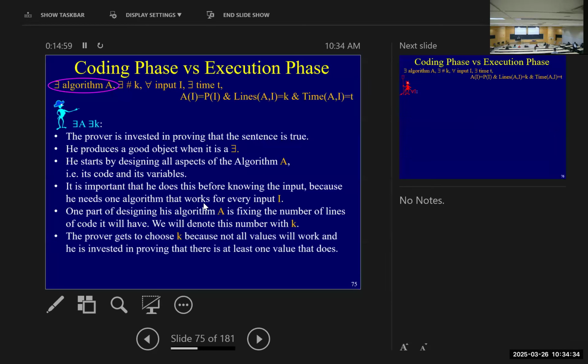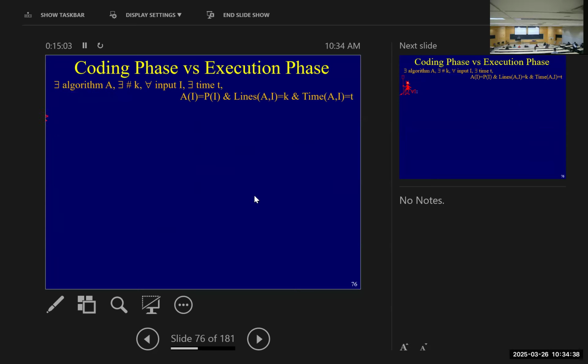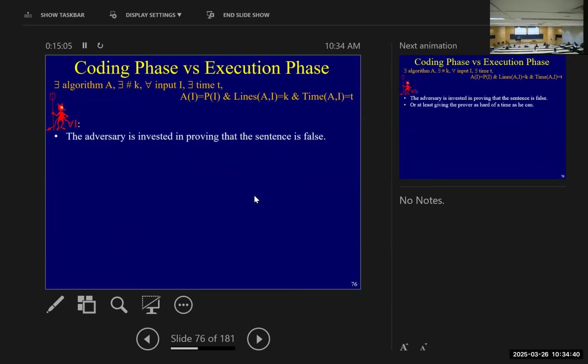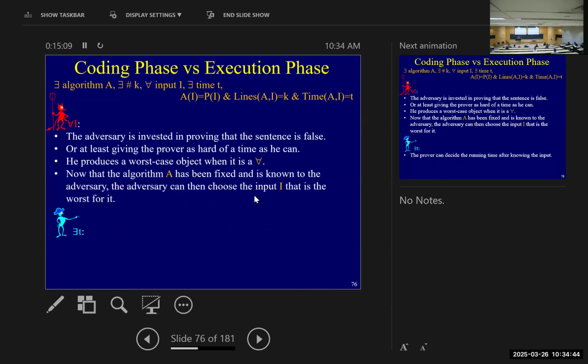When he comes up with the code, it has some number of lines in it. We denote it by K. And then the adversary, who is trying to make it false, comes up with the input. If you give a big, scary algorithm, he's going to give you a bigger and bigger scary input, right?